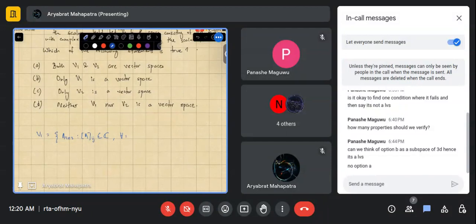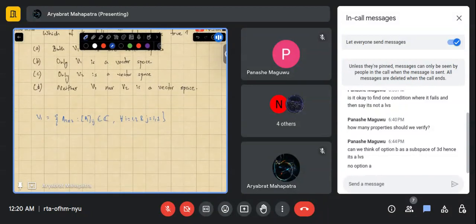So these are 2 by 2 matrices. This is defined on the scalar field complex.